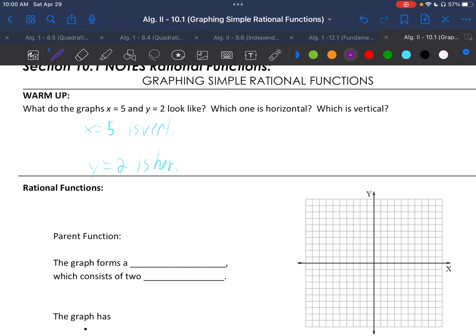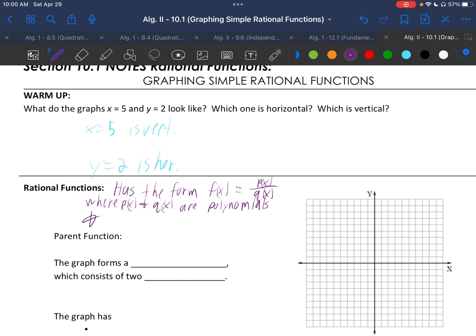Rational functions. A rational function has the form f of x is equal to some p of x divided by another q of x, where both p of x and q of x are polynomials and q of x doesn't equal 0, because that would mean you divide by 0.